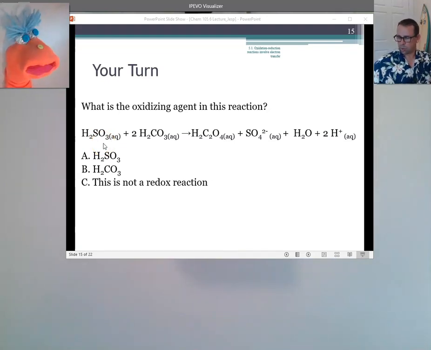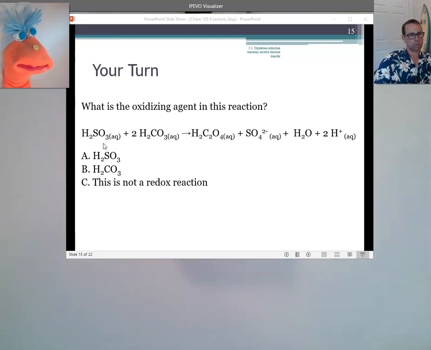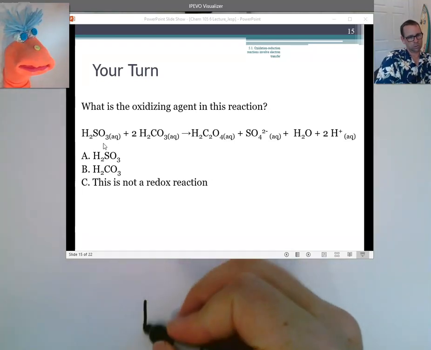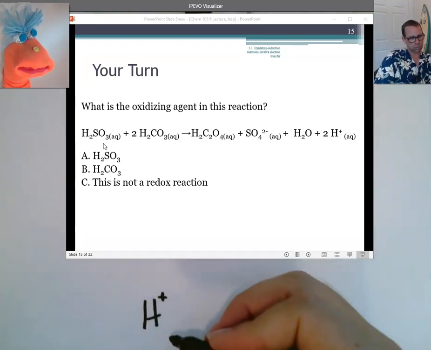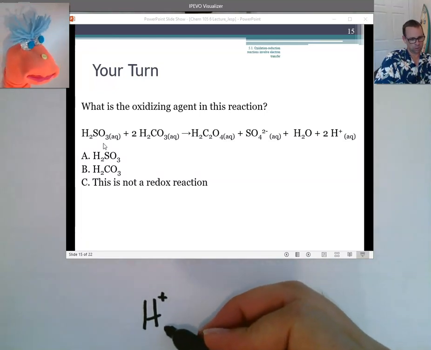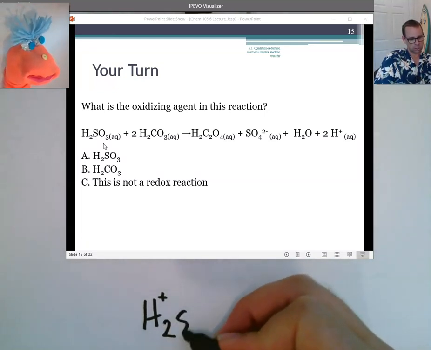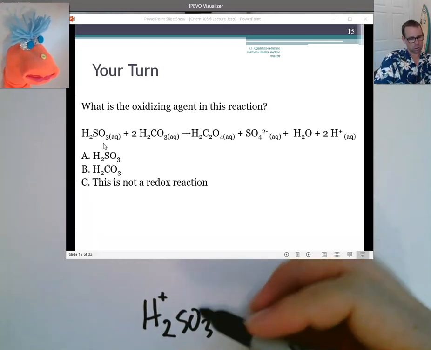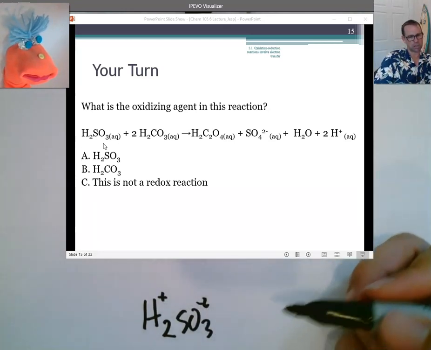Hydrogen was +1. Oxygen is -2. I don't know the rule for sulfur, but we can add it together. H2SO3. Hydrogen is +1, oxygen is -2.